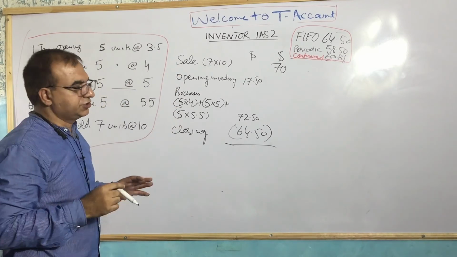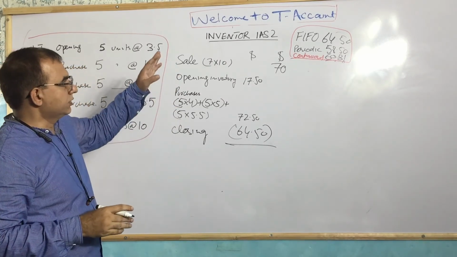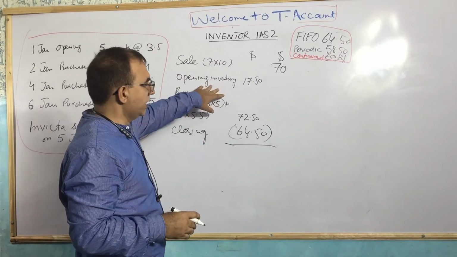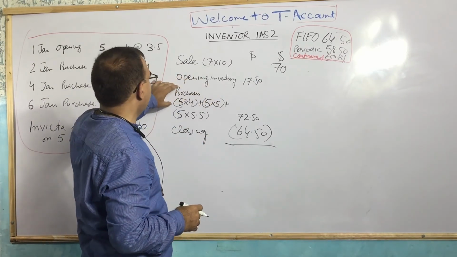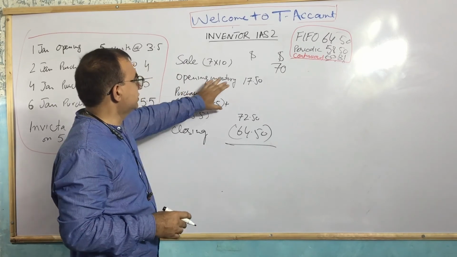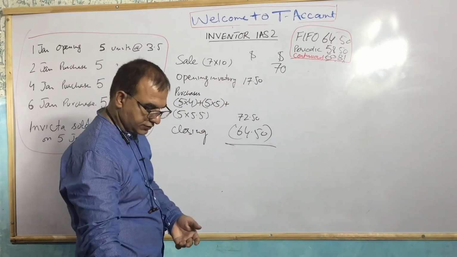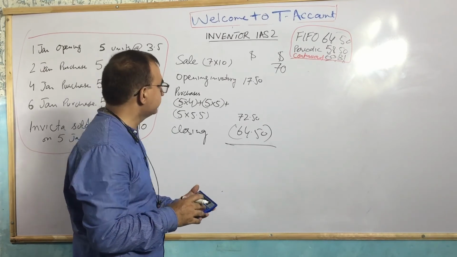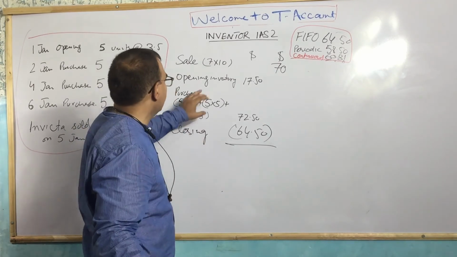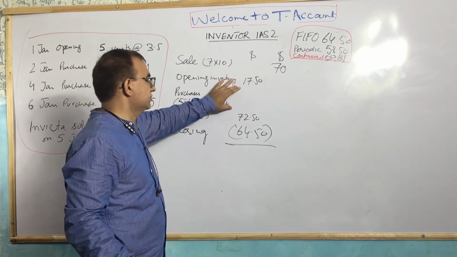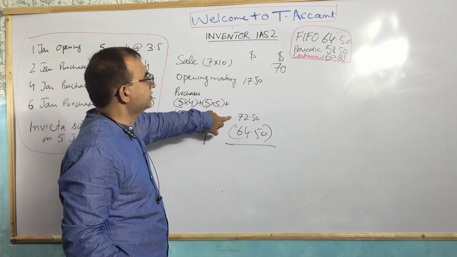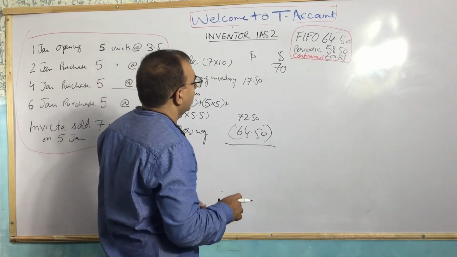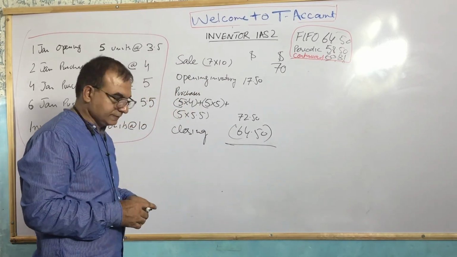Only that figure will change. In all three methods, opening inventory and the cost of purchases, if you add, that opening plus purchases $90 will stay the same. Only the difference will be this valuation of inventory.